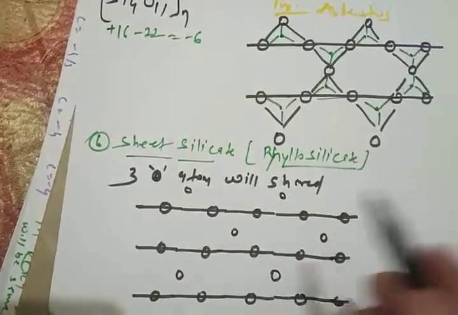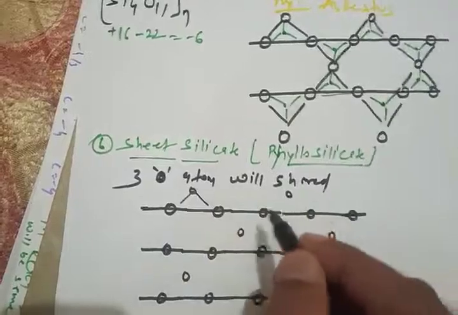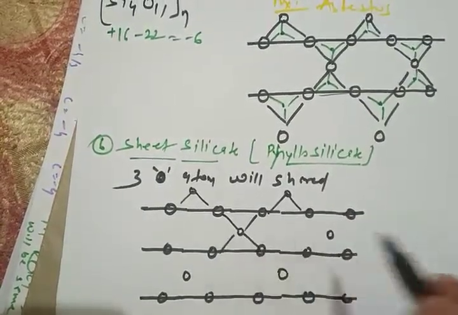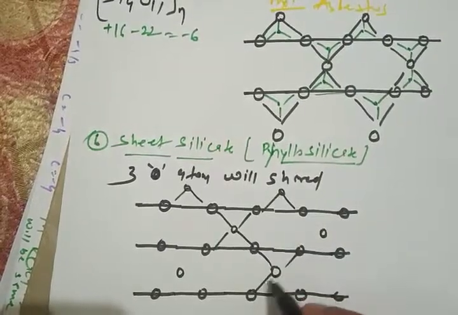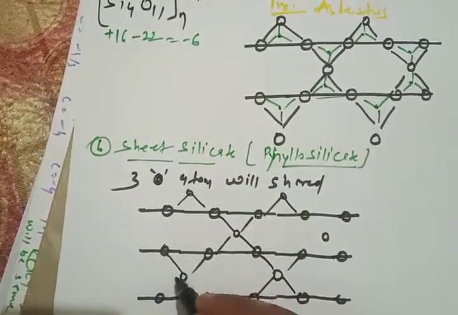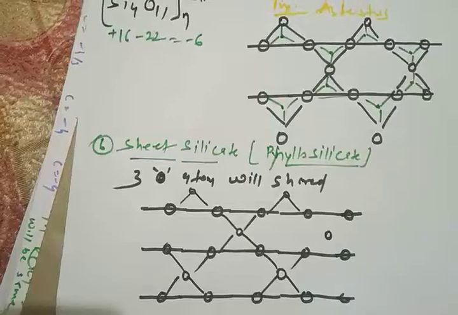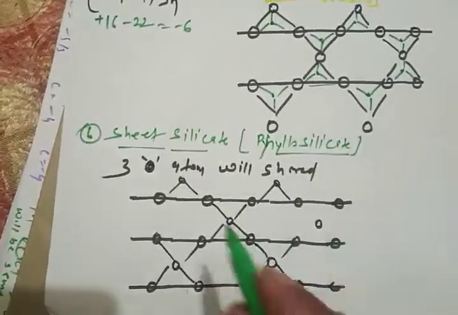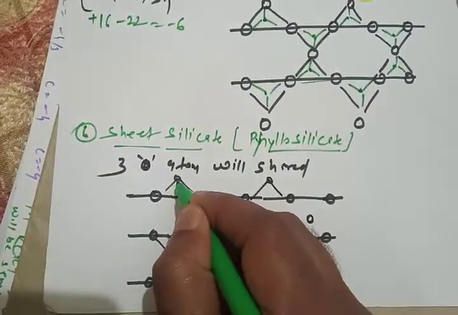Okay, then we'll draw the structure like this. Then this can be extended further, no? This can be extended further also. So here is the silicon.